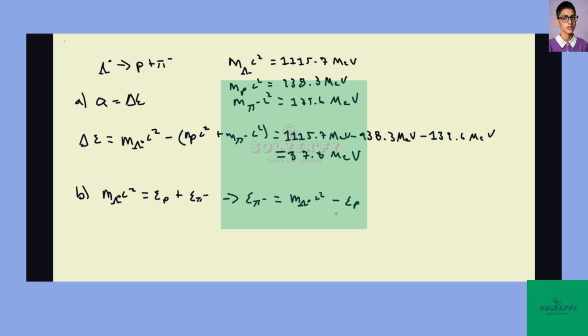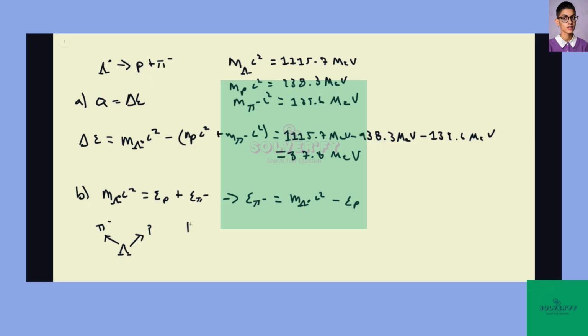Now next, if we look at this problem, we have this lambda baryon at rest, and then it decays into a proton and a pi meson. So now conservation of momentum states that since the momentum of the starting particle was 0, the total momentum of its decay products must also be 0.